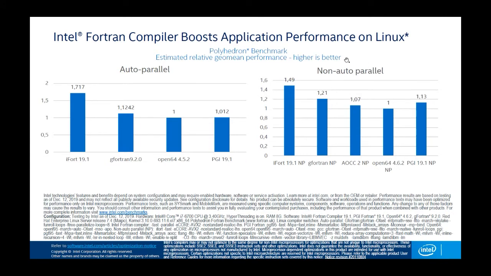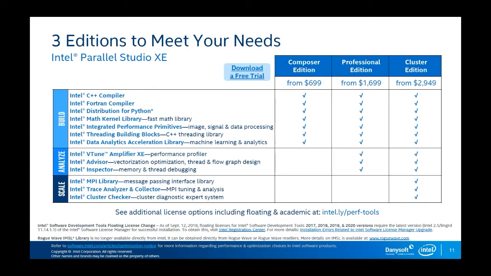And for codes that are not auto-parallel, the performance rates vary from 49% in the case of the Intel compiler to another's. So the whole idea that I will present is that the use of this suite also will be translated into increasing the performance directly with not much effort.